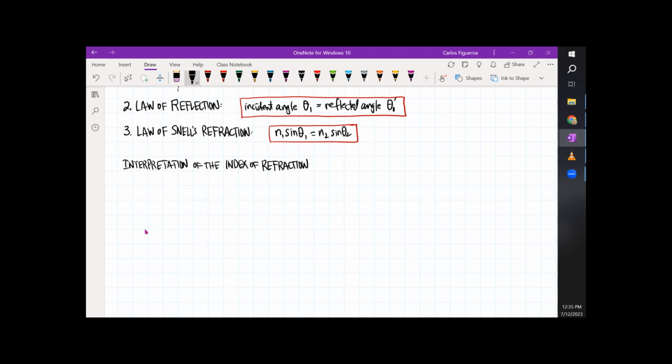The way we write the index of refraction is we define it by the symbol n. We're definitely going to spend the most time on this.